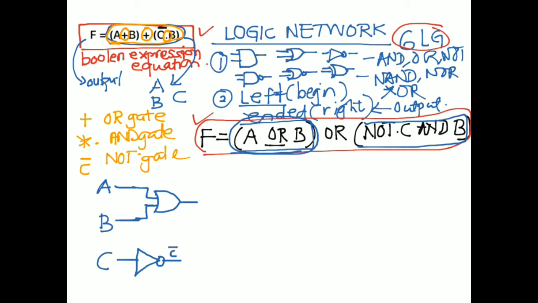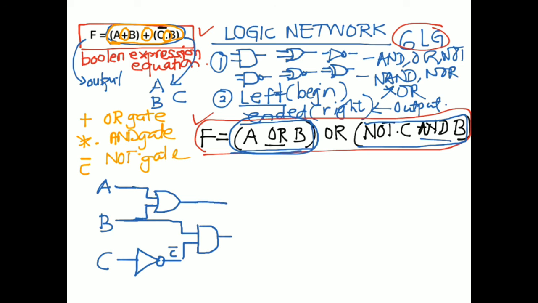When it passes through the NOT gate, it becomes NOT C. And you AND it with B. So you get an extra wire from B itself and join these two wires to an AND gate. Your AND gate looks like a big D shape, with an output pin.